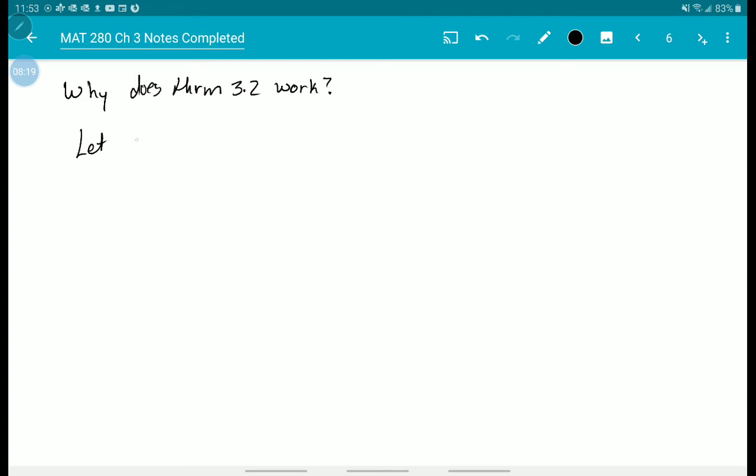So let's just talk about a 3 by 3. And I'm going to use a lower triangular matrix. It doesn't matter. The process would be the same for an upper triangular matrix.